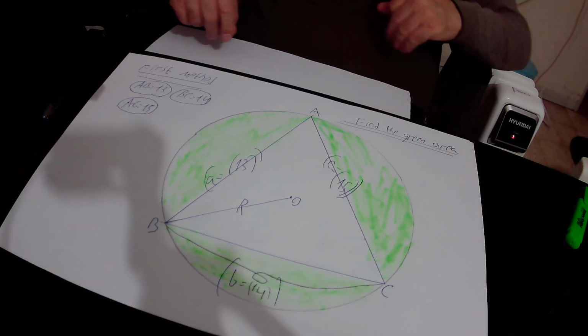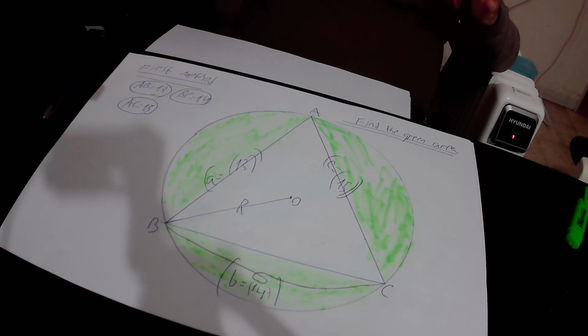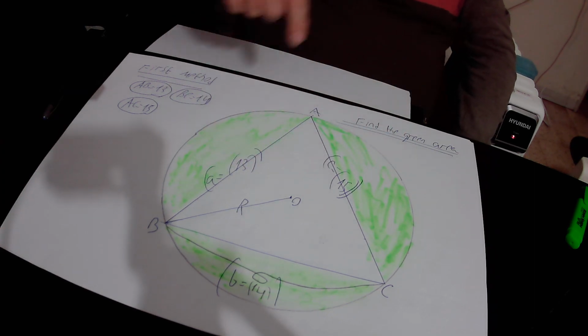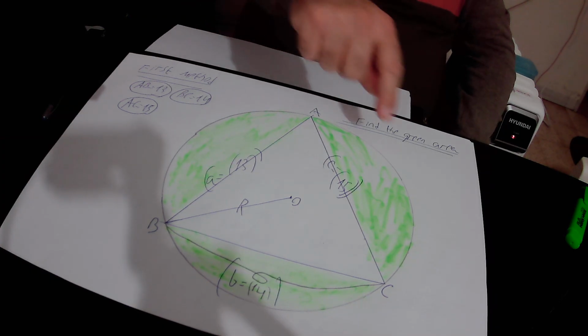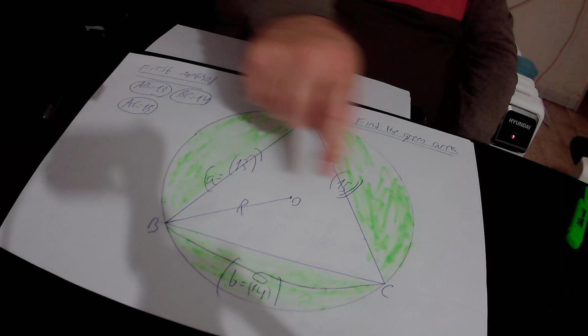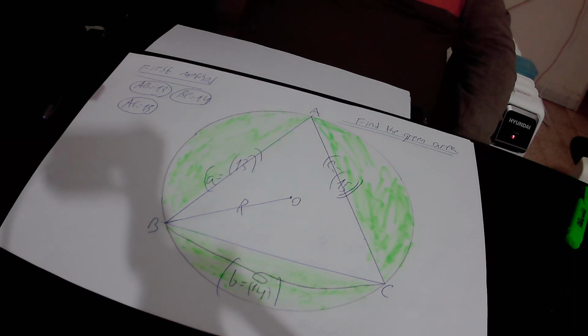Our mission in this question was to find out the area of this green shape. From the drawing it is very clear that the area of this green shape equals the area of the circle minus the area of triangle ABC.